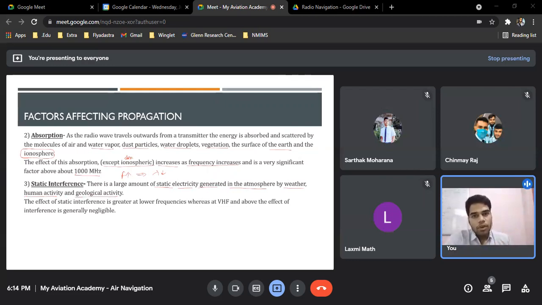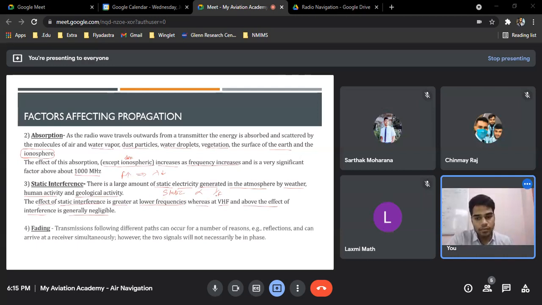The important thing is the effect of static interference is greater at lower frequencies, whereas at VHF and above the interference is negligible. So the lesser the frequency, the more the static interference. It's inversely proportional to the frequency in this case.